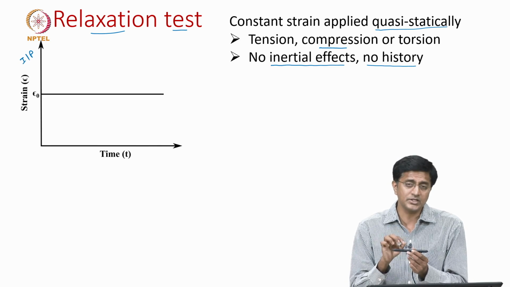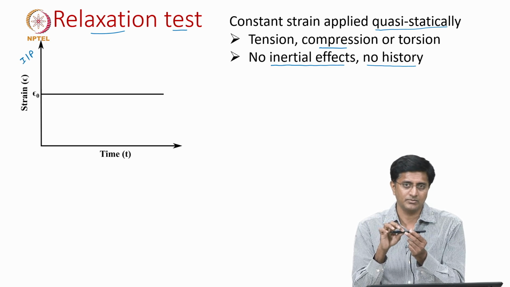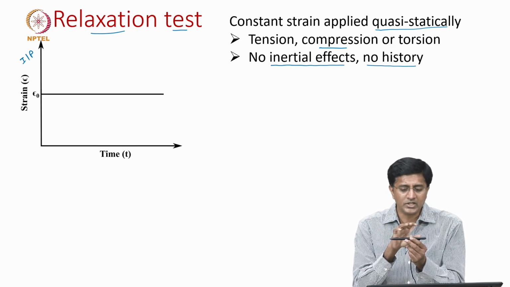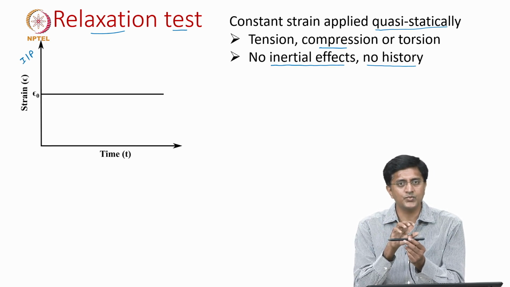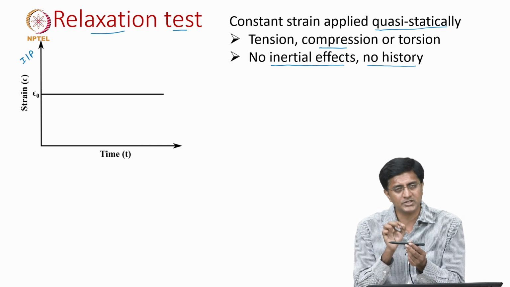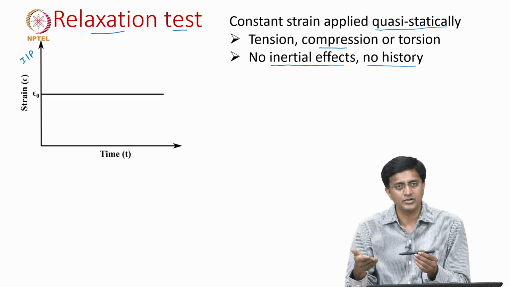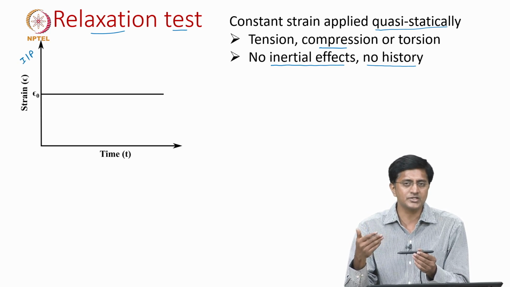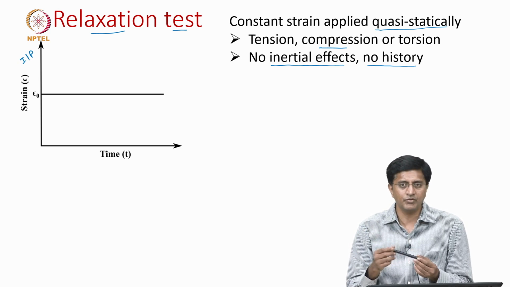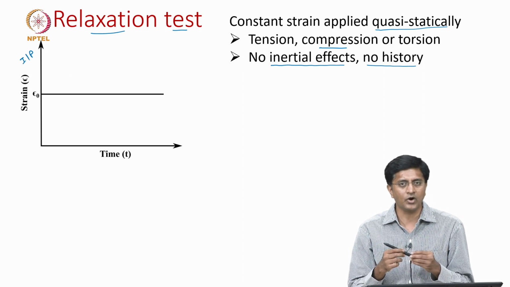But since it was loaded yesterday, there is still some history in this specimen, which means maybe there are still some molecular rearrangements happening, which you cannot see macroscopically, but microscopically these are still happening, and given enough time they will show their effect either in stress or strain. So, we need to have a specimen where this history is not present.